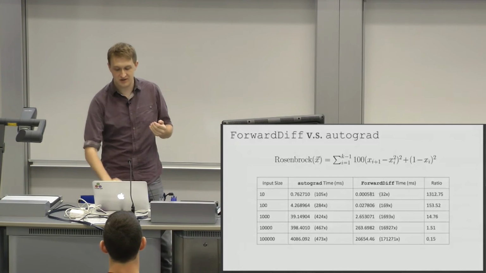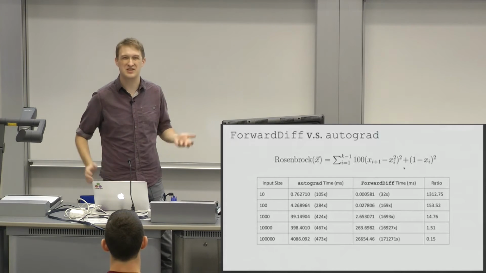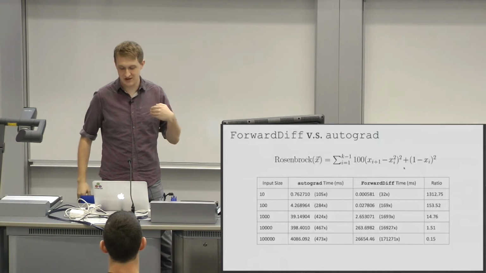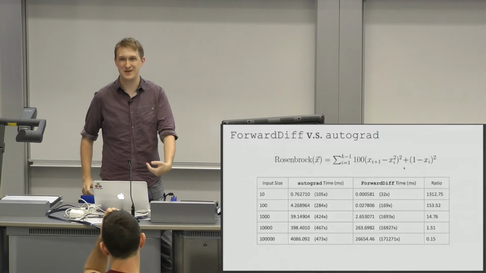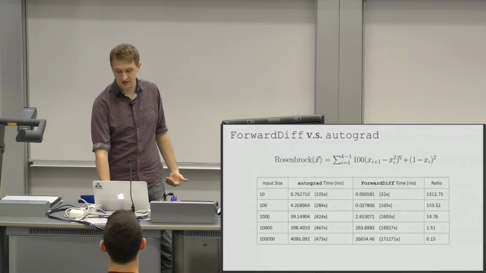What's cool here is that Rosenbrock, the function that I'm actually testing against, is just a common test function in optimization. But you can see the scaling of the methods algorithmically in the timings here. It's really apparent. This is a linear function.